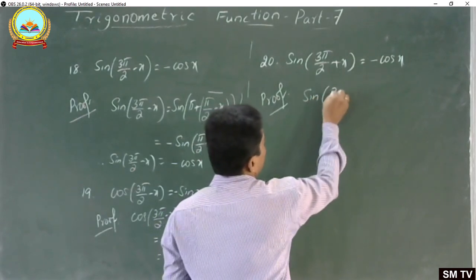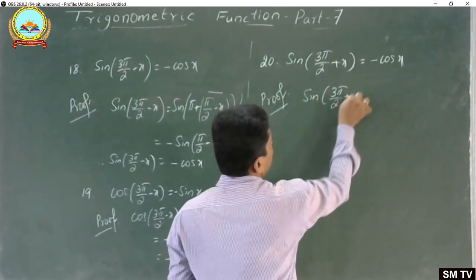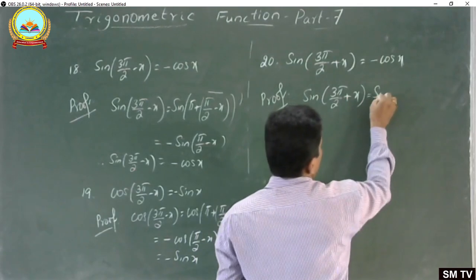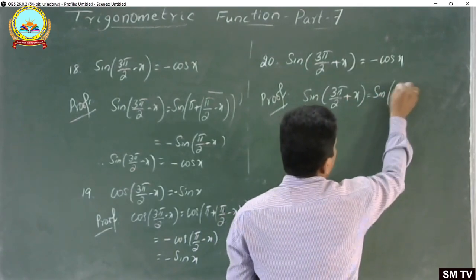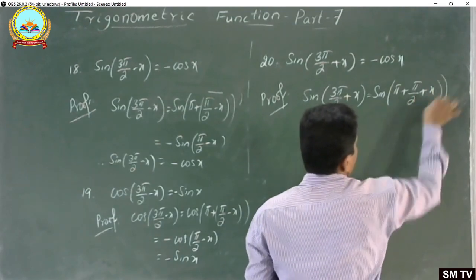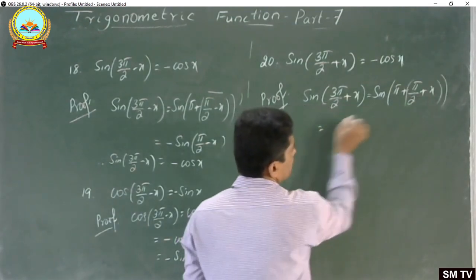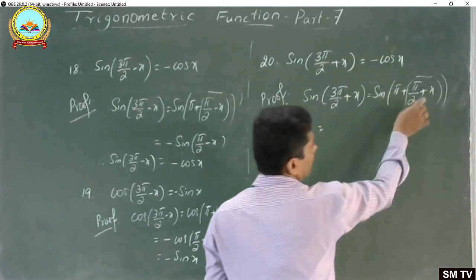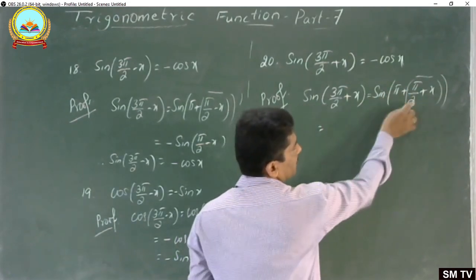Sine of 3 pi by 2 plus x can be written as sine of pi plus pi by 2 plus x. This one is associative. Therefore, we have written that this one is sine of pi plus x. What is the sine of pi plus x?